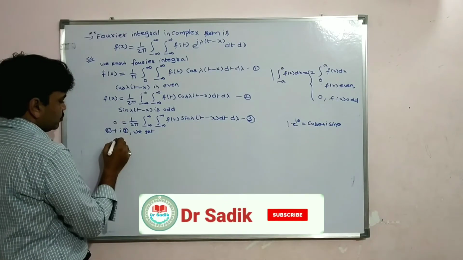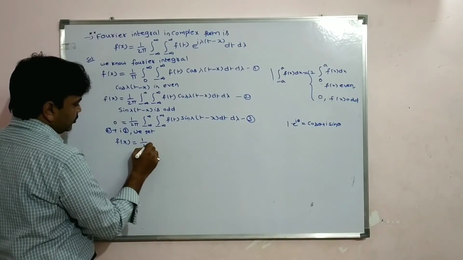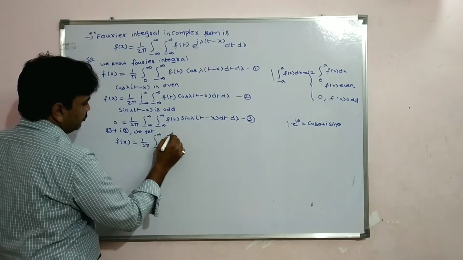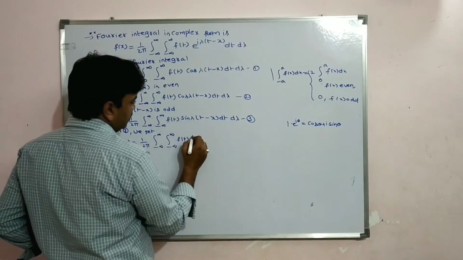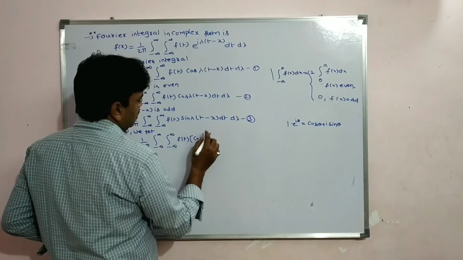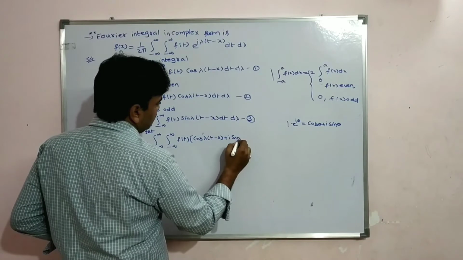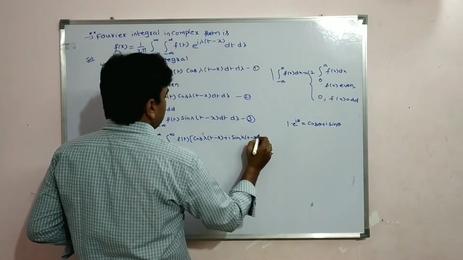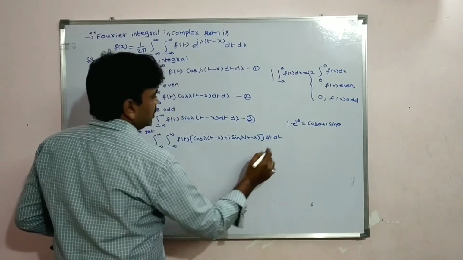so we are adding these two. So f of x is equal to 1 by 2 pi common, integral minus infinity to infinity, integral minus infinity to infinity. What is the common factor? f of t. Here cos lambda (t minus x) plus i sine lambda (t minus x) dt d lambda.